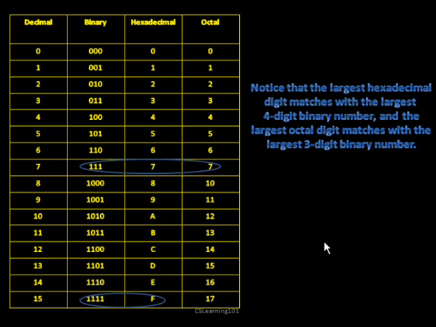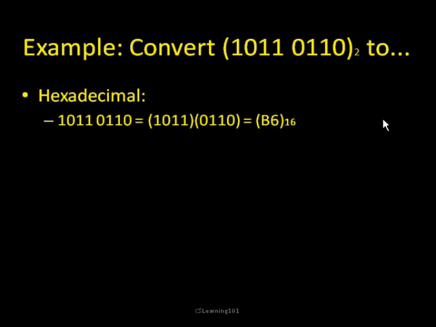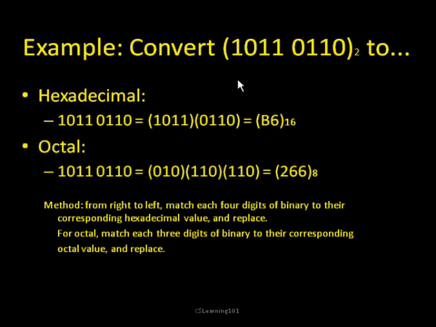For example, if I want to convert this number, 10110110, from binary to hexadecimal and octal, this is what I would do. For hexadecimal, you would take the binary number and split it up into groups of 4 digits. Then you would convert those individual groups to the corresponding value in the table that we just saw.